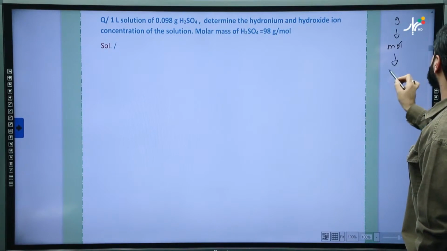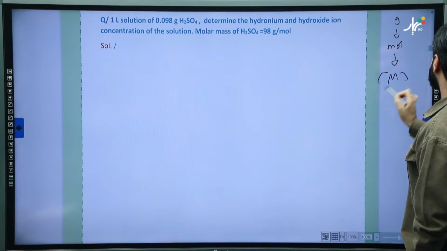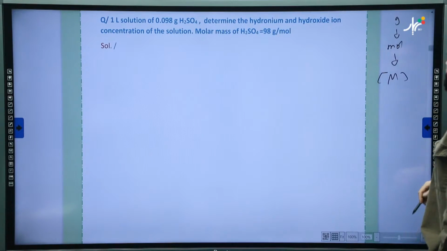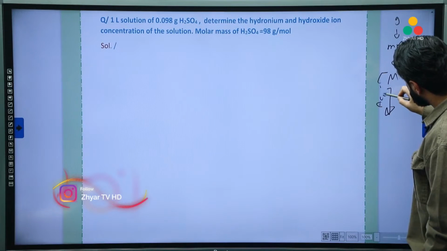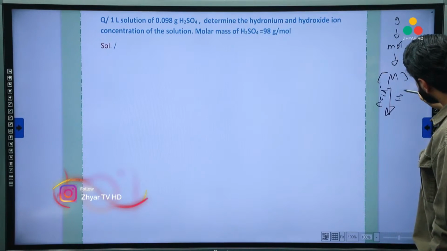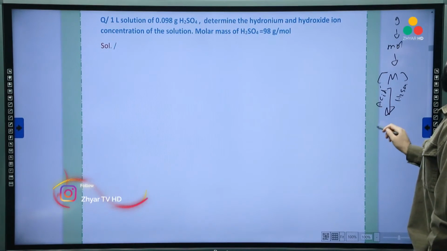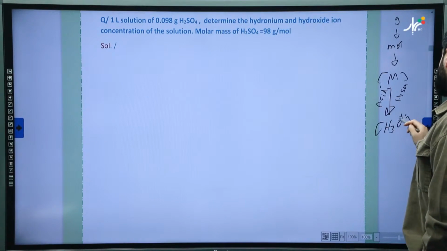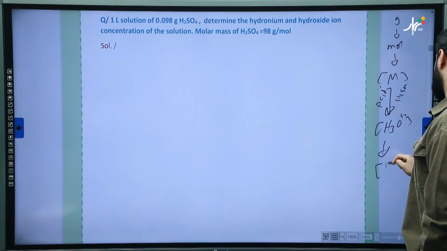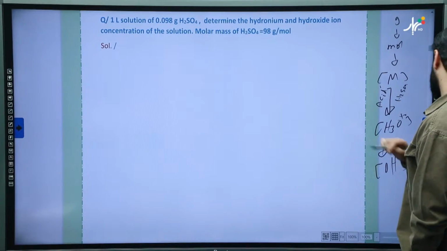Then change moles into molarity. Then, because our compound is an acid, H2SO4, we have to get H3O. Then we can get the value of OH.